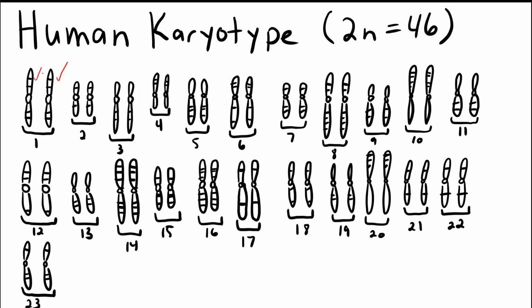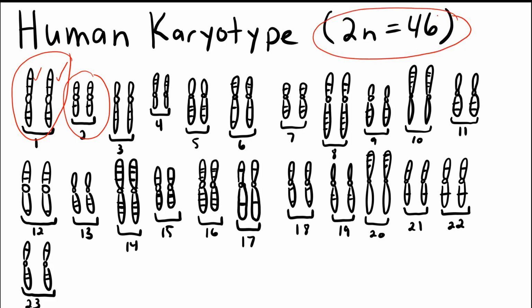Also, on this homologous chromosome number 1, you would have a gene at the same locus, okay? So you have a pair of homologous chromosome number 1s, a pair of homologous chromosome number 2s, all the way up through chromosome number 23. Because there are 2 in a pair, and there are 23 pairs, again, you get that 2n of 46 shown there.